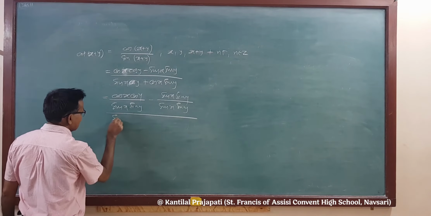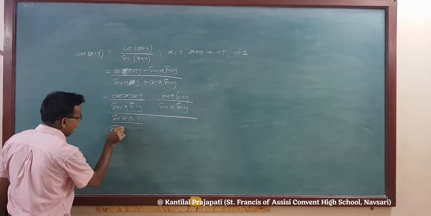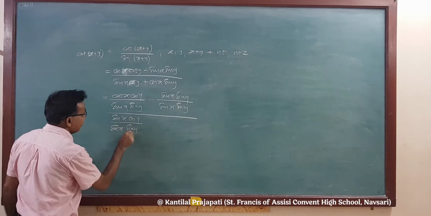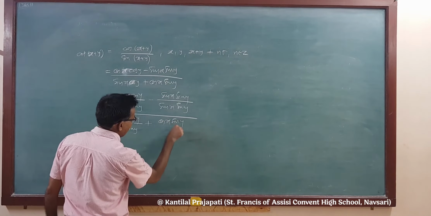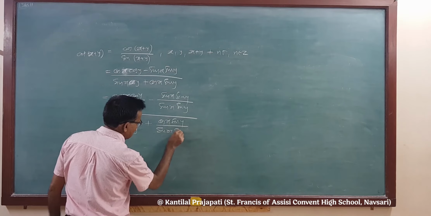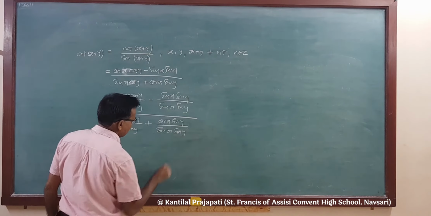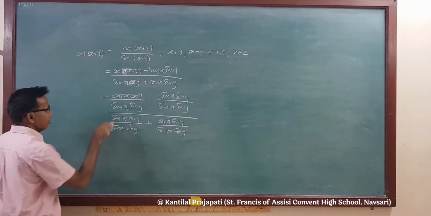Here in the other also the same: sin x cos y divided by sin x into sin y plus cos x sin y divided by sin x into sin y. Write this equal. Now simplify this.